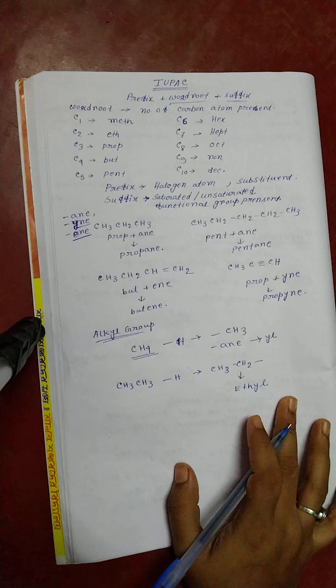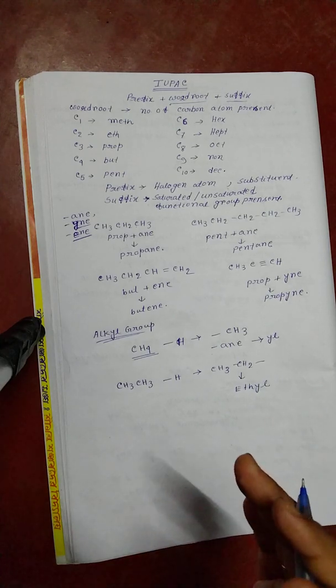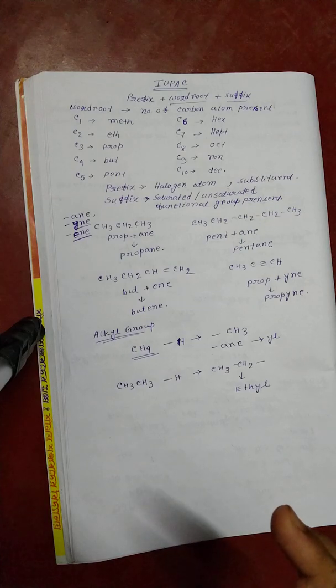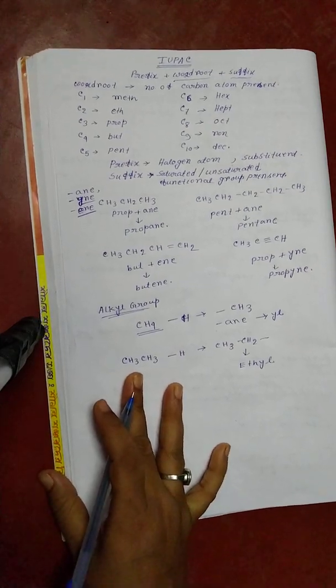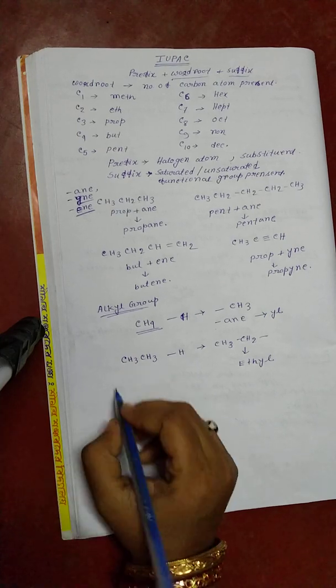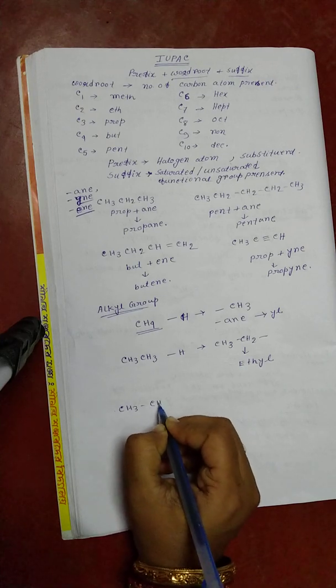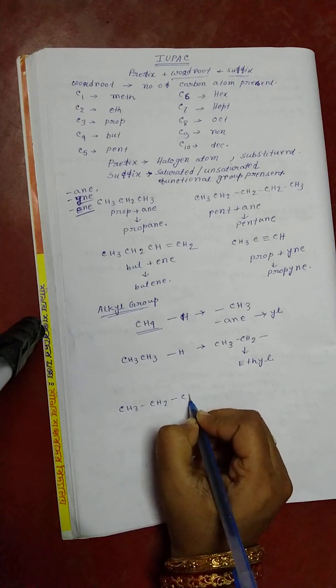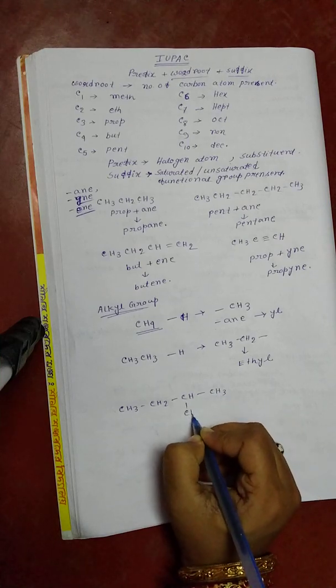Okay, now I am going to introduce the nomenclature for branched chain hydrocarbons. Branched chain hydrocarbon means there is a branching. Now I am taking one example: CH3 CH2 CH CH3 and CH3.